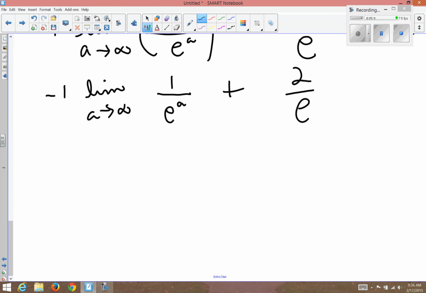And as a gets larger and larger, e to the a will get larger and larger, and 1 over that will become 0. So this says negative 1 times 0 plus 2 over e.